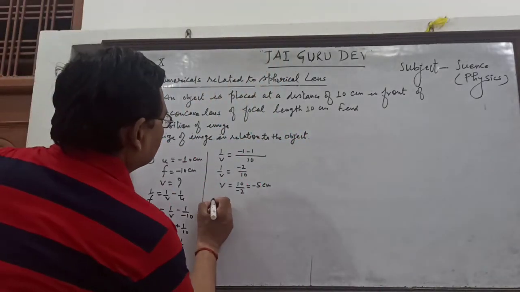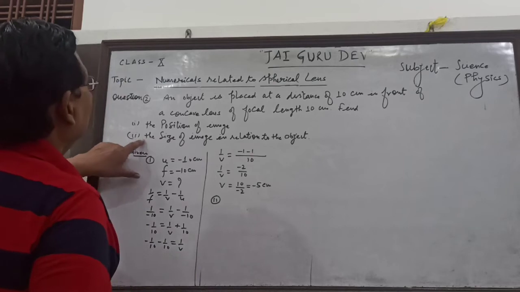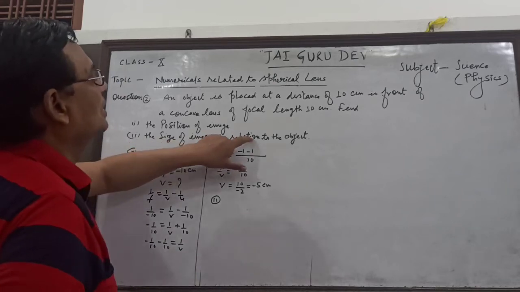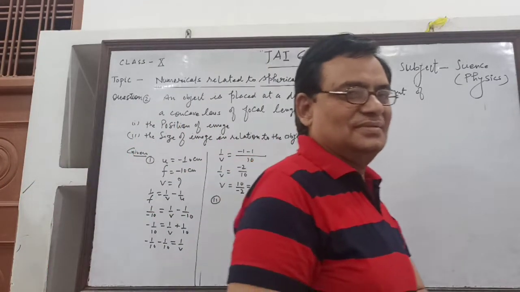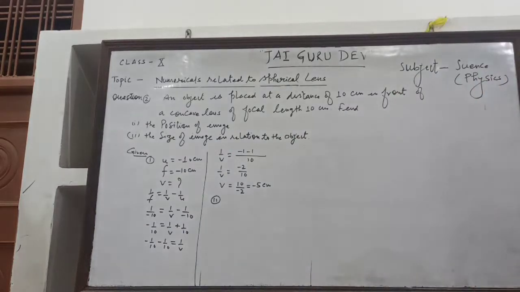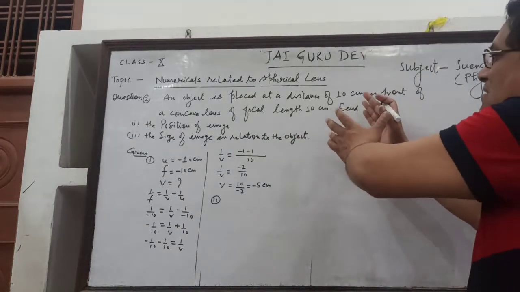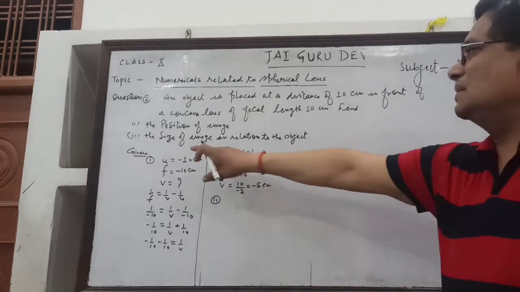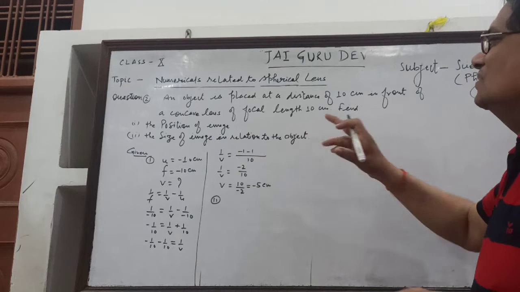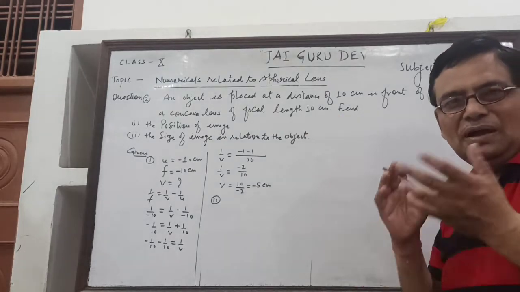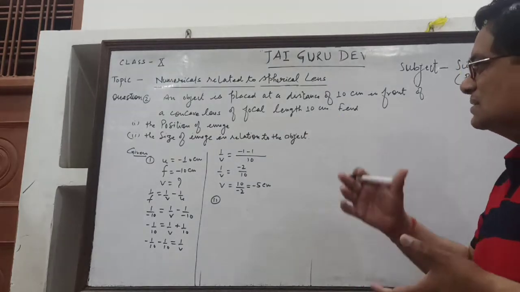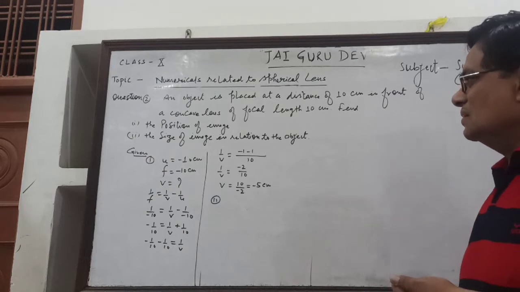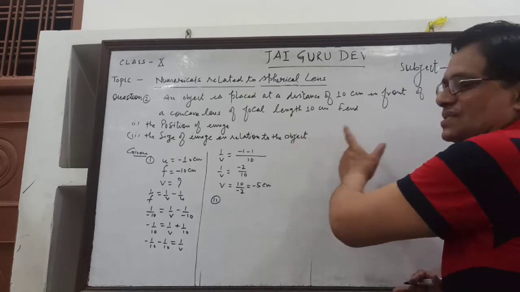Second question, the size of image in relation to the object. Here object height is not given, but you have to tell the size of image in relation to the object. You have to compare the size of image with object.